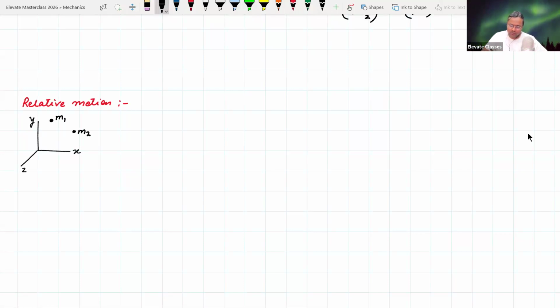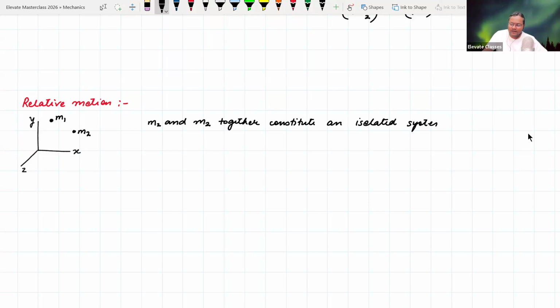Okay, now let's suppose m1 and m2 together constitute an isolated system. By isolated system, I mean that there are no external forces.